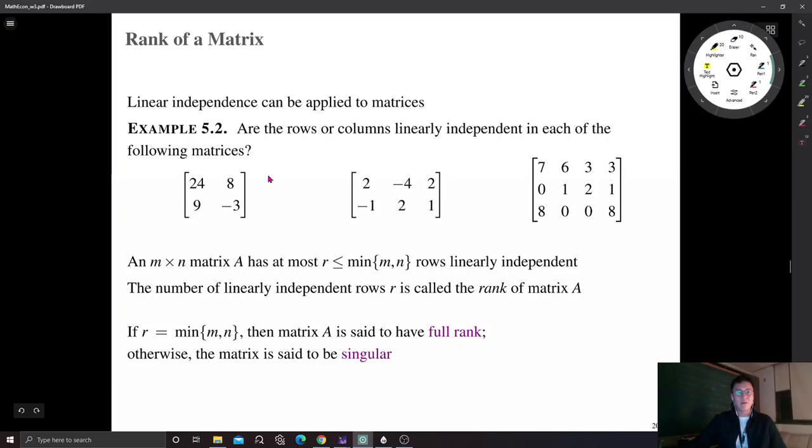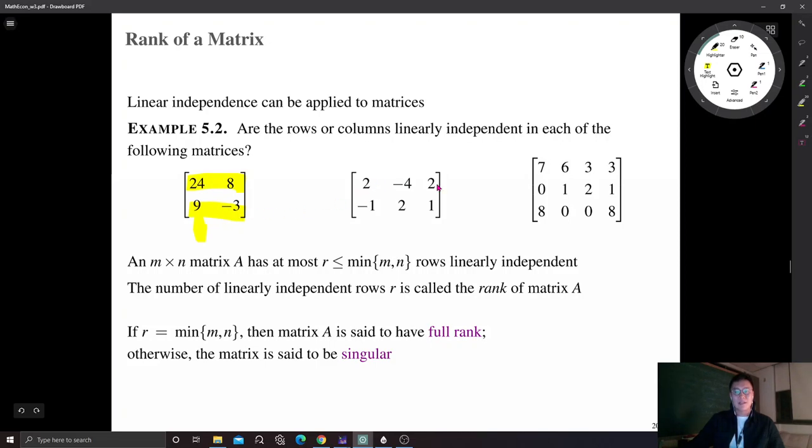We have two row vectors or two column vectors, and every vector is a two-dimensional vector, right? There is no way to express the first row vector as a scalar multiple of the second row vector, right? So they are linearly independent.